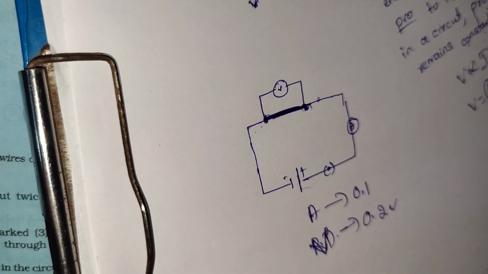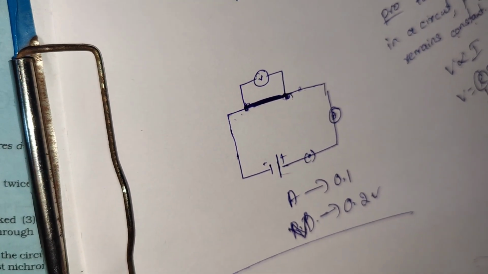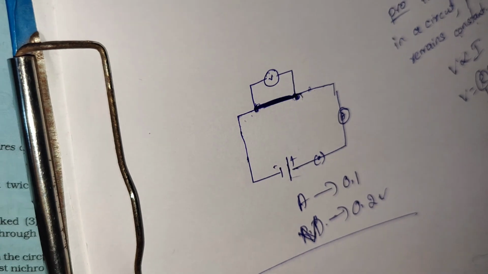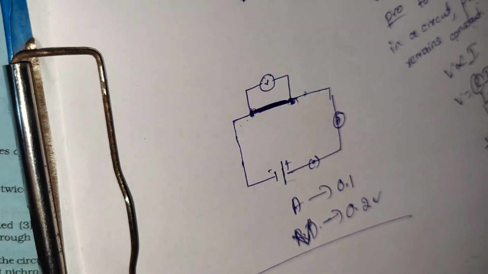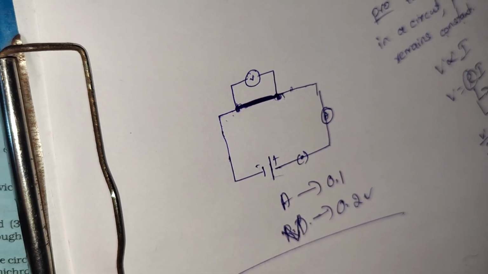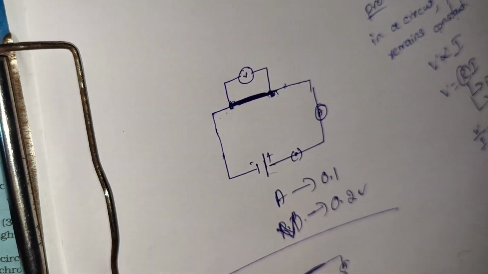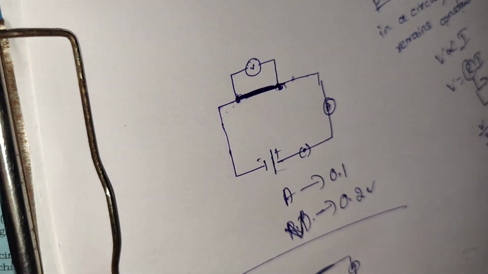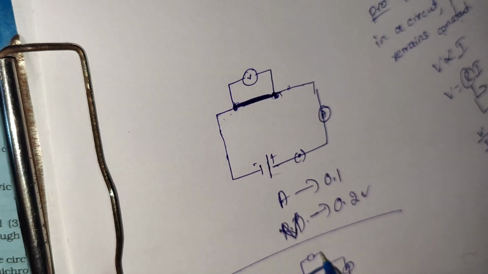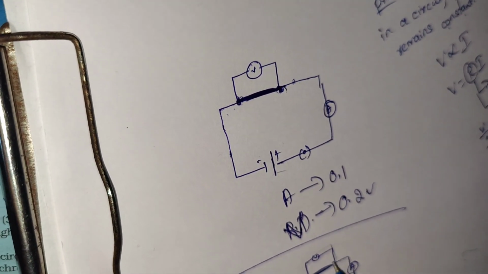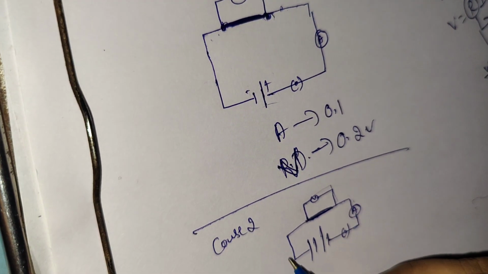In case 2, we use two batteries, and the same procedure: same nichrome wire, ammeter, voltmeter, switch, everything the same setup. And remember, the voltmeter is arranged in parallel and the ammeter is arranged in series.